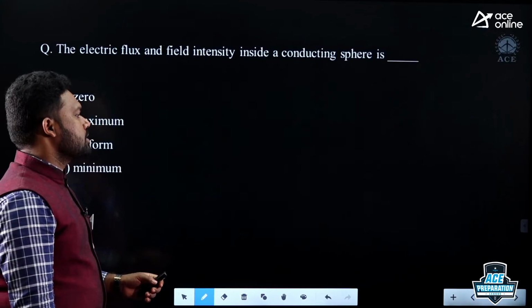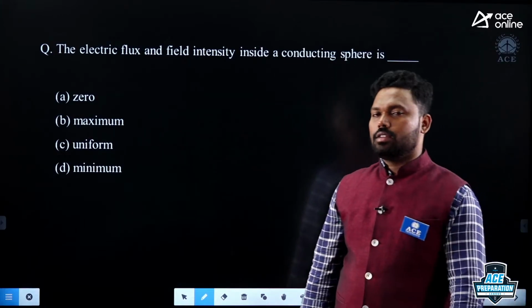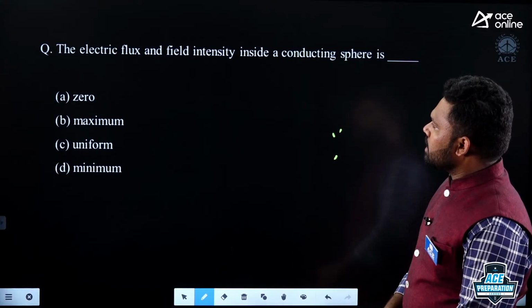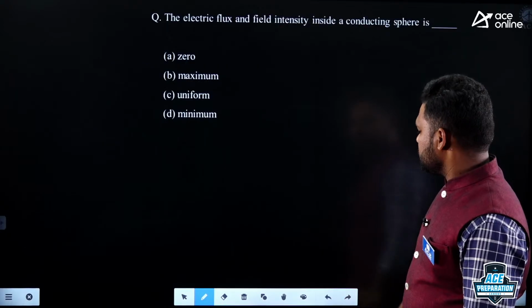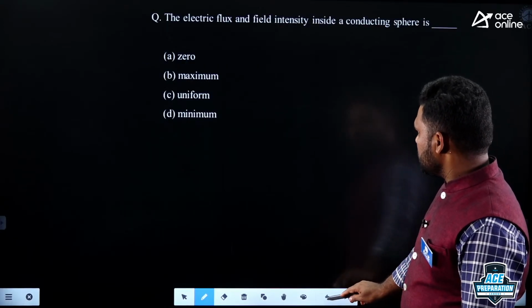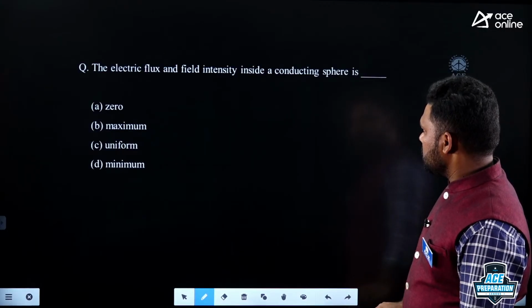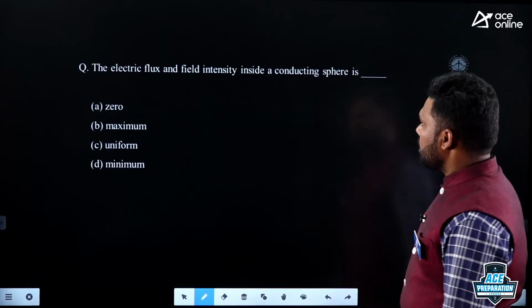Okay, fine. So now let us take some questions related to these applications of Gauss law. This was one of your previous questions: the electric flux and field intensity inside the conducting sphere is.